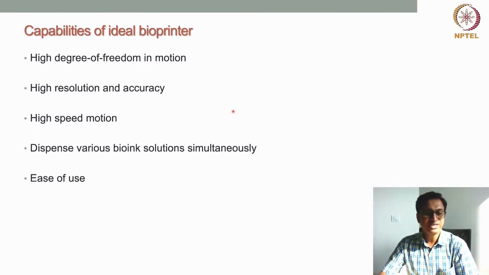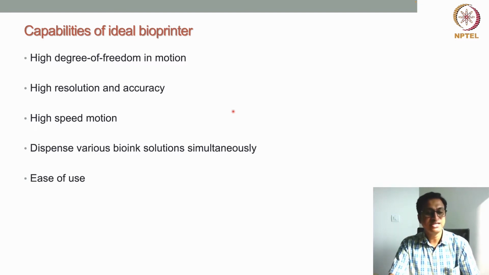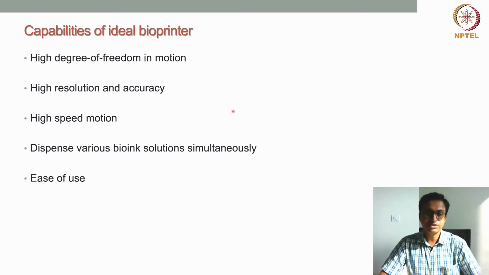Suppose I want to print three different cell types in particular locations. I should be able to dispense three different bioinks containing different cell types simultaneously to print a multicellular construct. So that is another thing. Nowadays some printers are available that allow dispensing various bioinks simultaneously.